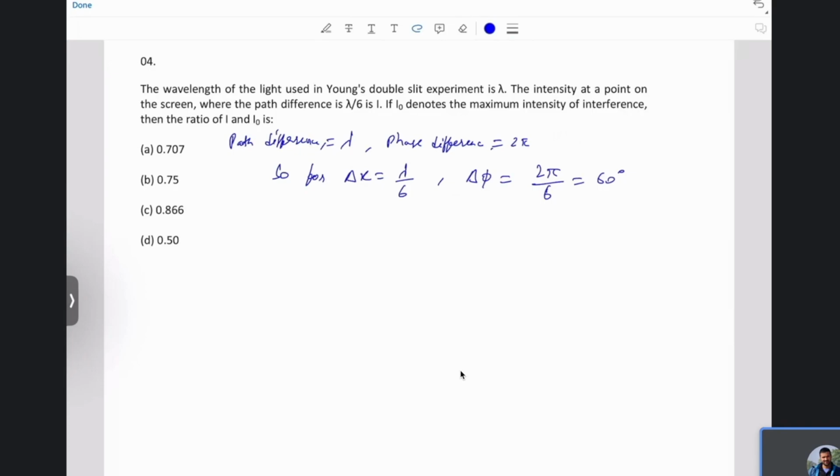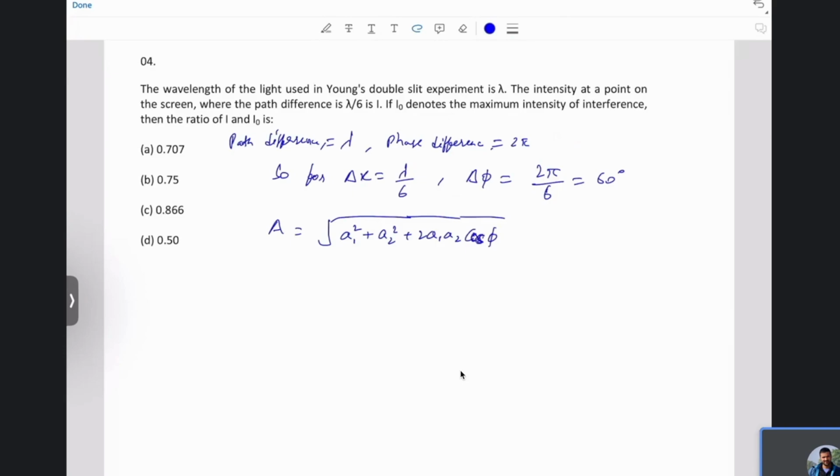And you also have the resultant amplitude formula given by a1 square plus a2 square plus 2 a1 a2 cos phi, right?